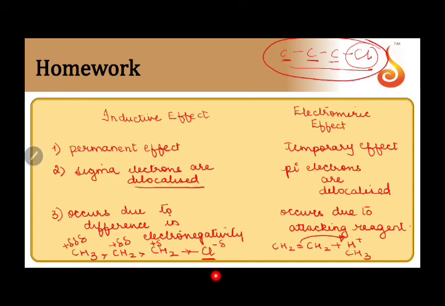It was CH2, but then it combined with this H+, so it became CH3. A single bond now, because the pi electrons were used here, and CH2 plus charge. So a carbocation is obtained here. The pi electrons are moving because we are adding a reagent H+. So this is an example of electromeric effect.